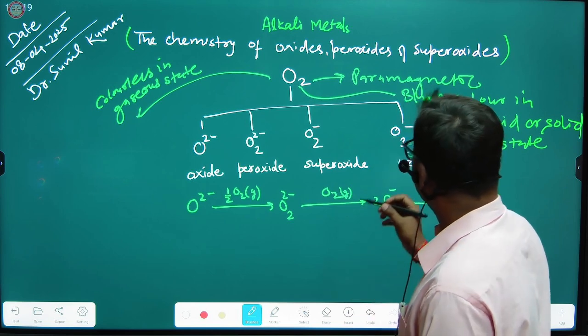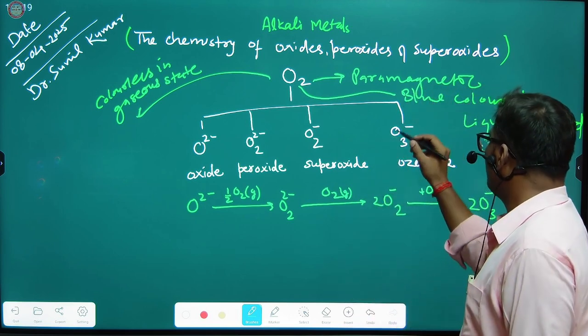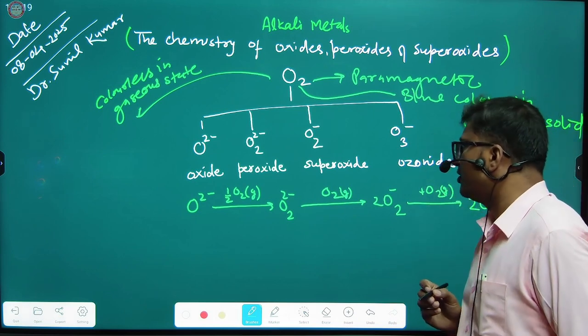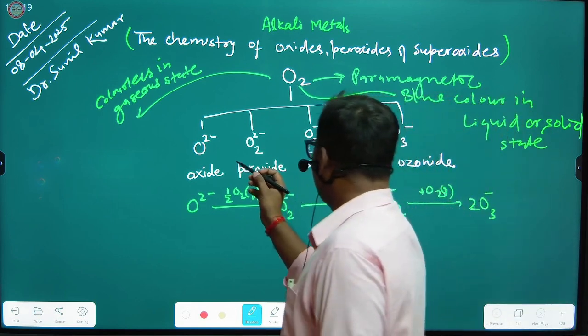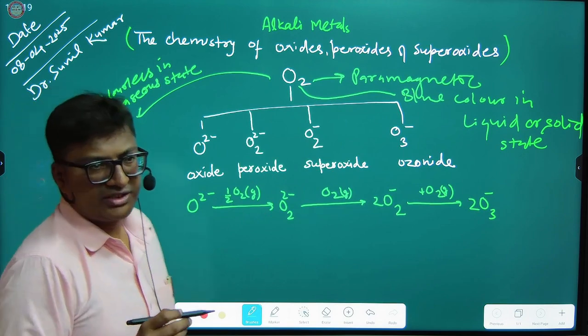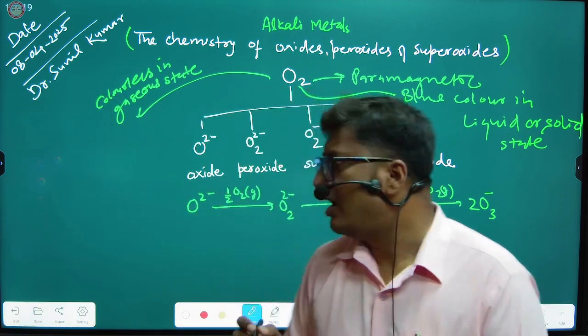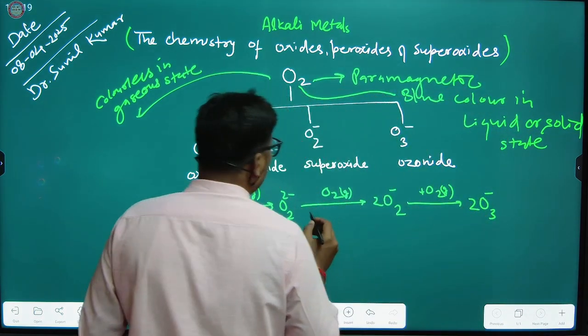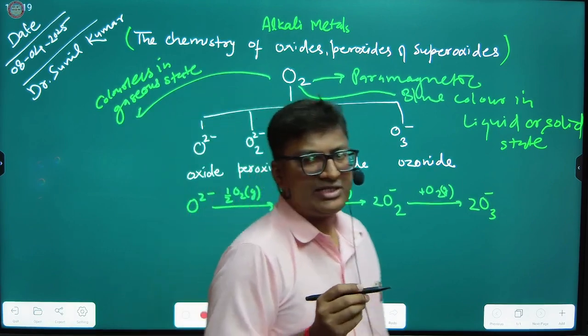And this is ozonide, which also carries one negative charge. So these are the negatively charged species of oxygen. They are all reactive and undergo reactions with metals and non-metals.